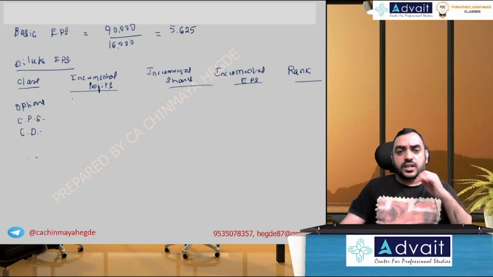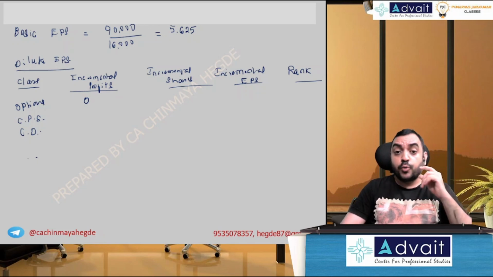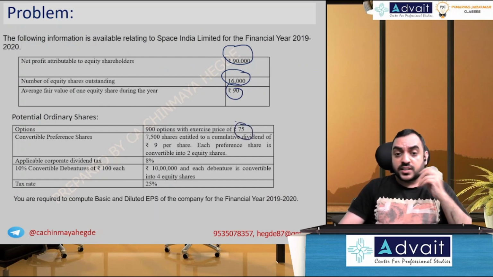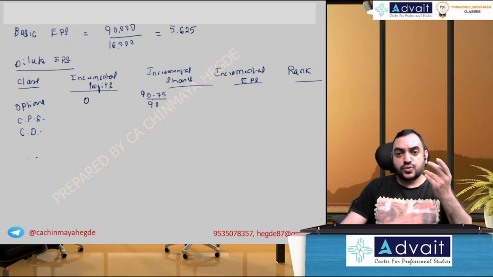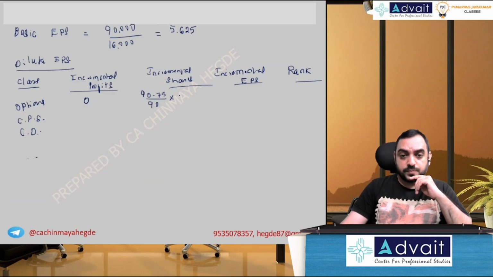Coming to options, incremental profit is 0. For incremental shares, there is a bonus element. What is the fair value? 90 rupees. Issue price, 75. So what is the concession? 90 minus 75, 15 rupees out of 90 rupees. So concession is 15 by 90 multiplied by number of shares, 900 options.